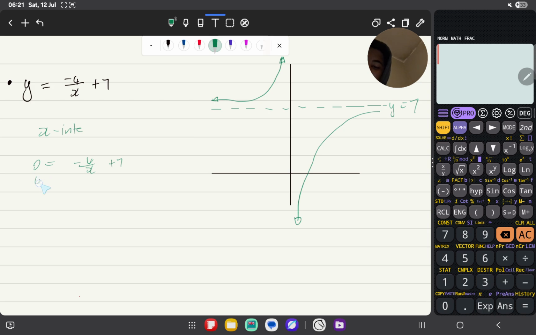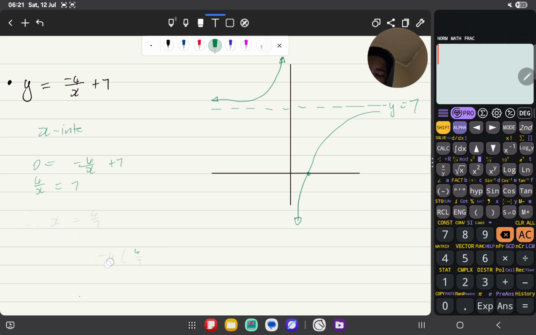All right, then you have 4x 7. All right, therefore what's happening here? Therefore x is 4 over 7. So here, let me see, minus 4 over 7. What's happening?